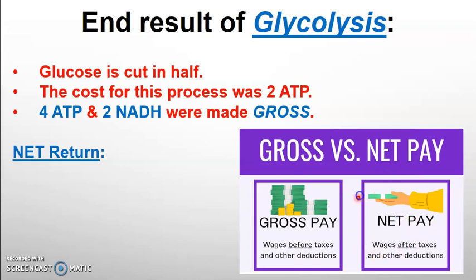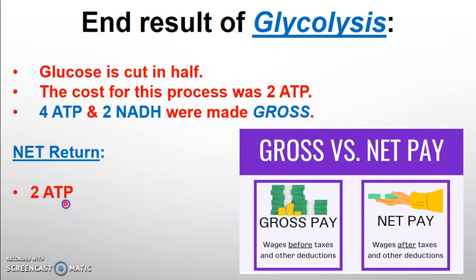That's what you actually can walk away with after you remove taxes and any other wacky deductions that are coming out of your check. So this is your gross return, 4 ATP and 2 NADHs, but you really need to think of it as, what do you really walk away with after taxes? That's your net. So what are you walking away with? You're only really walking away with 2 ATP.